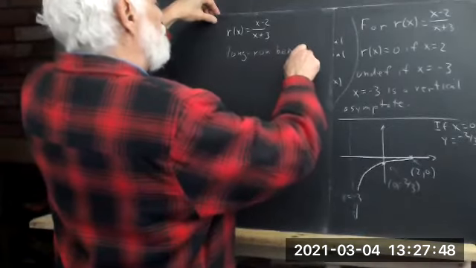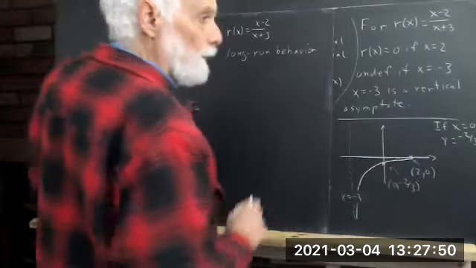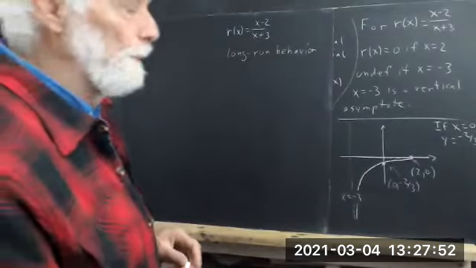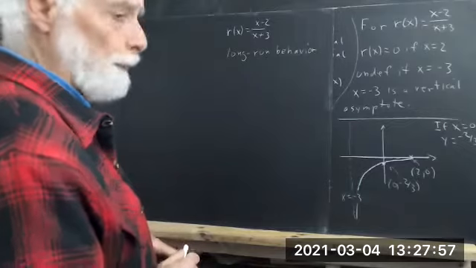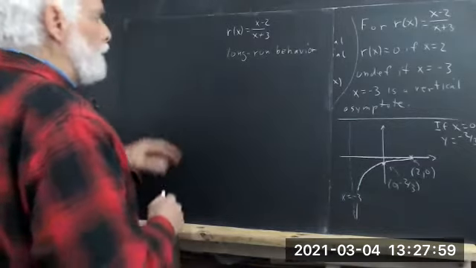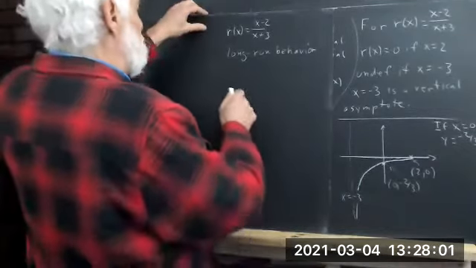There are two ways to do long run behavior, and one of the ways involves long division. And I'm not going to do that right now. So, long run behavior.